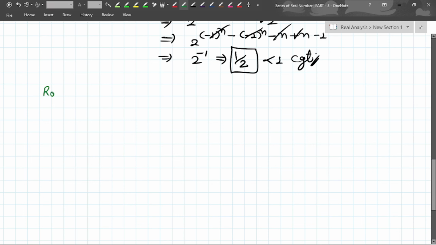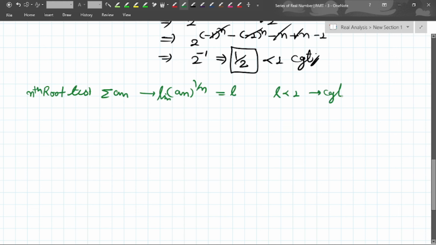So I will just recap it. There are two tests. The first is the root test, or the nth root test, in which you have any series an, and you find the limit of its nth root. If it is L, then if L is less than 1, you say it is convergent. If L is greater than 1, you say divergent. If L is equal to 1, you say the test fails here. Another is the ratio test, which I explained in the previous lecture.